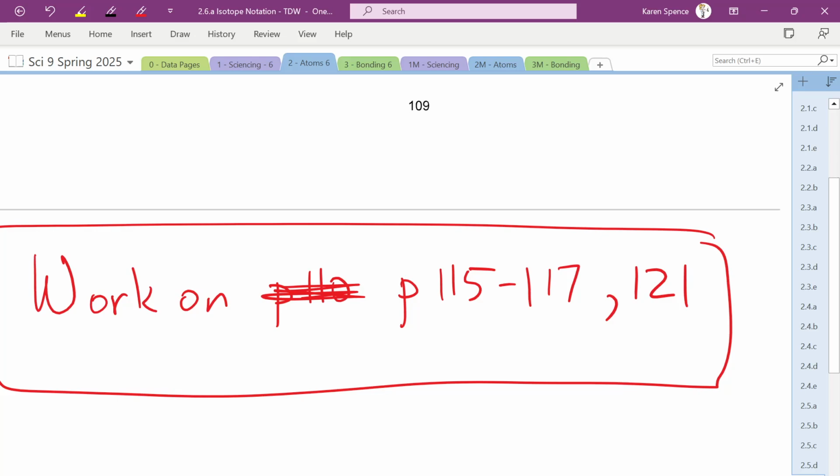So, that's basically the isotope notation. So you're gonna write Cu. No, just the actual numbers, okay? Perfect.